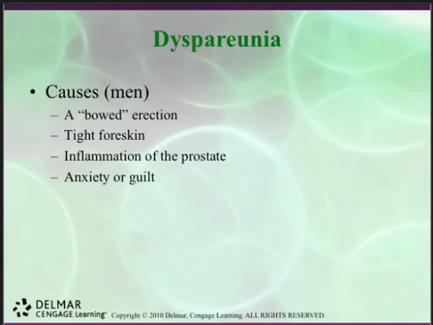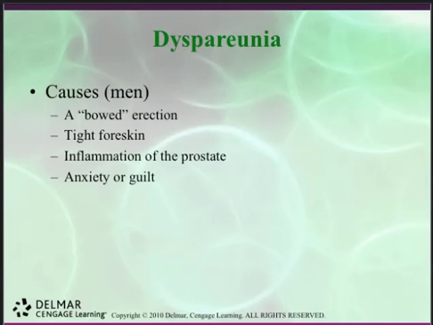Causes in men include a bowed erection or an abnormal erection, a tight foreskin, inflammation of the prostate, or anxiety or guilt associated with intercourse. The reason that this guilt may be responsible for pain during intercourse is psychosexual dysfunction. Why might a male feel anxious or guilty during intercourse?